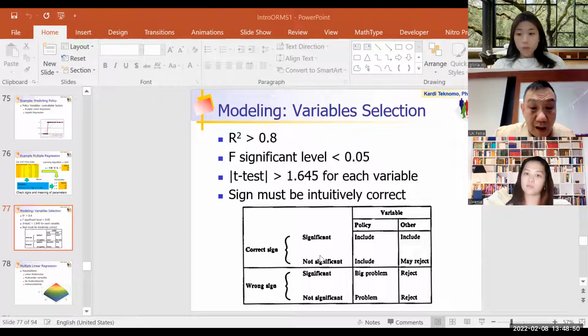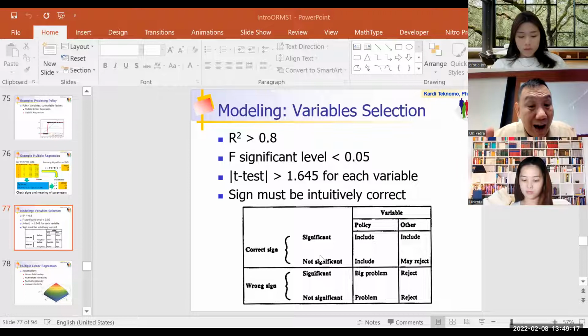How about if it is the wrong sign? If it is the wrong sign and this is another variable, not a policy variable, you simply reject, right? But if it is the wrong sign and not significant, it is a problem. But you know, this is not significant, that means this policy is probably not so important.